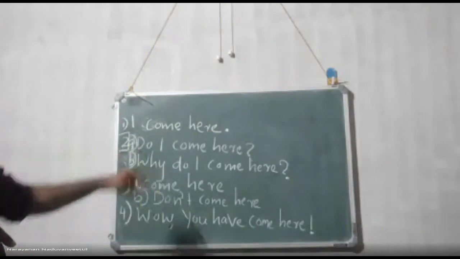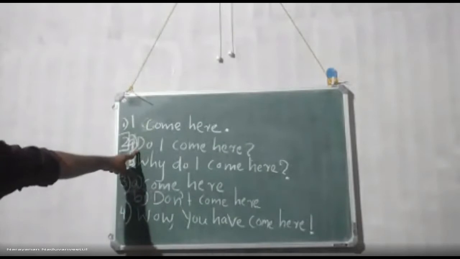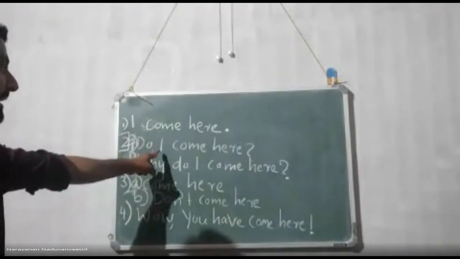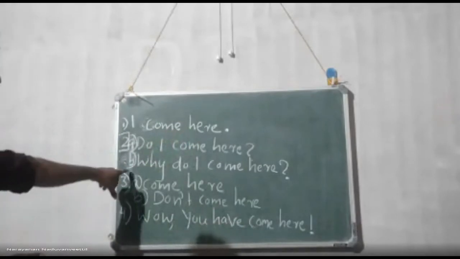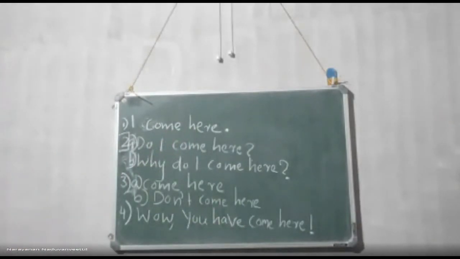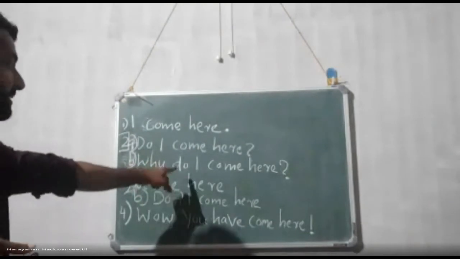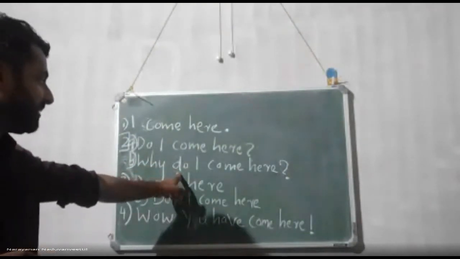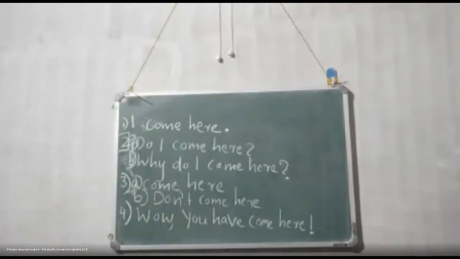One is yes or no interrogative: starts with an auxiliary verb, followed by subject, then main verb. We also have an example for WH interrogative: starts with a WH question word, followed by auxiliary verb, subject, and main verb.